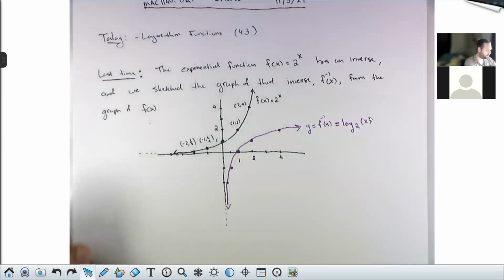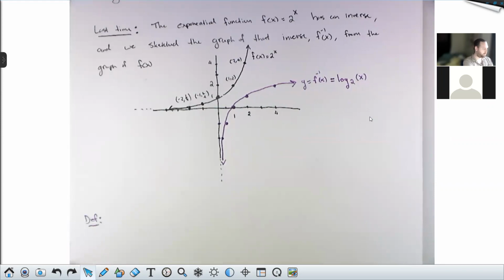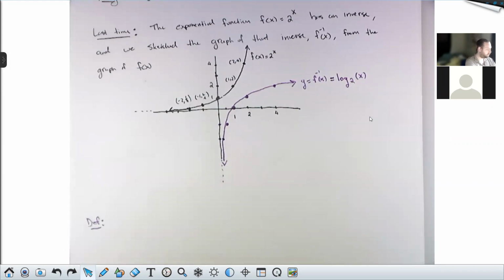Here's the definition. I'll put it in purple here. It's not a solution to any problem, but I'll put it in purple to match it with this.